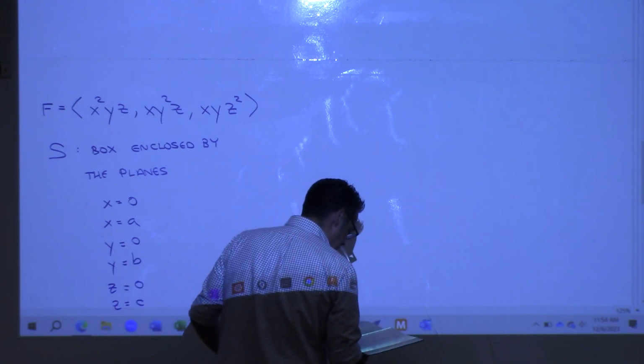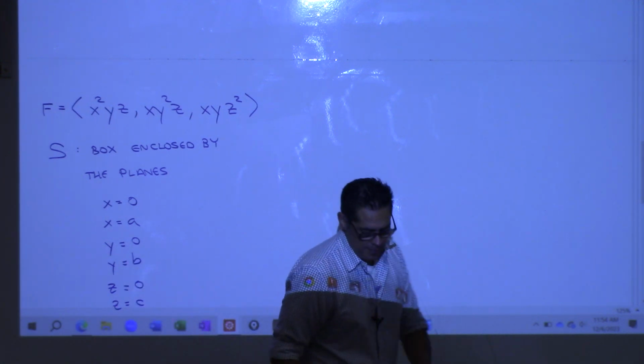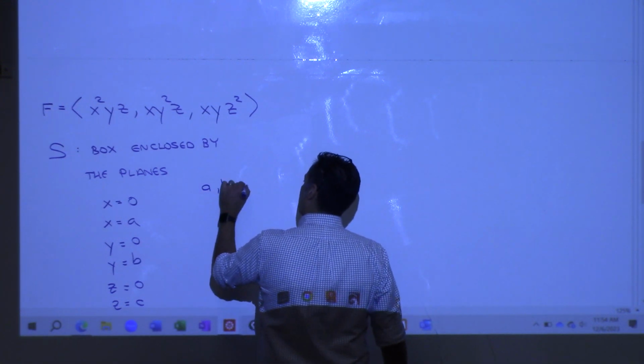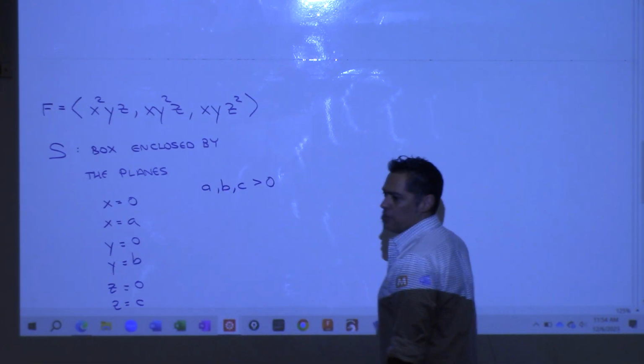Where a, b, and c are constants, and they're positive. So here, a, b, and c are all greater than 0. They're all numbers and they're all greater than 0.